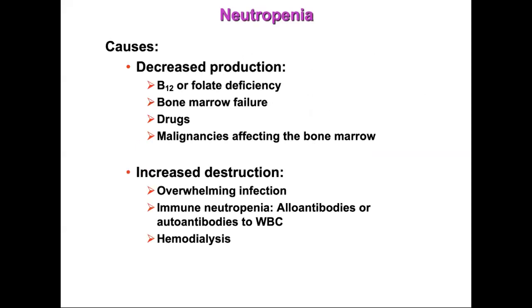So some causes of neutropenia: decreased production due to B12 or folate deficiency, bone marrow failure, certain drugs or malignancies that affect the bone marrow. And it could also be due to the destruction of neutrophils, which is an overwhelming infection, immunologic, right? So some autoantibodies that are attacking the white blood cells, or hemodialysis.